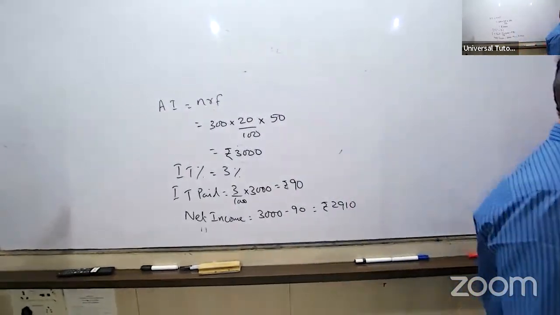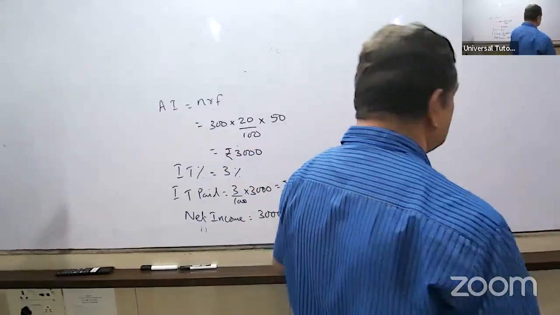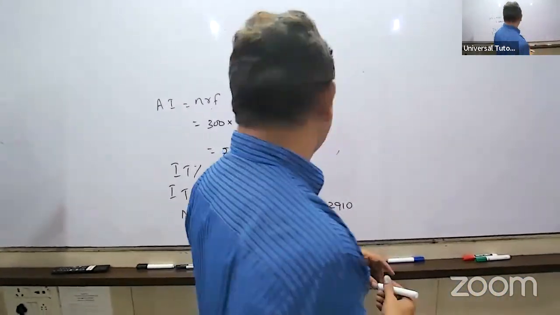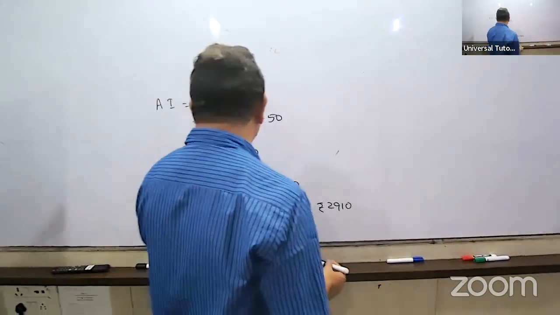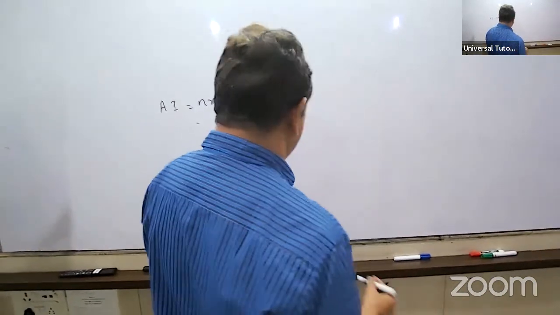Therefore, annual income next. Annual income is given now. Annual income is how much? 1200. Annual income is equal to 1200.